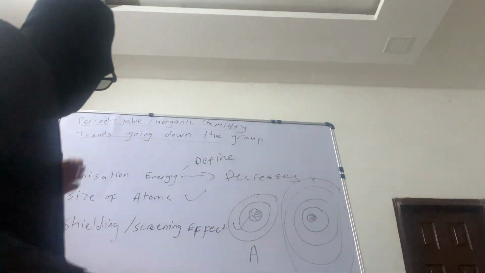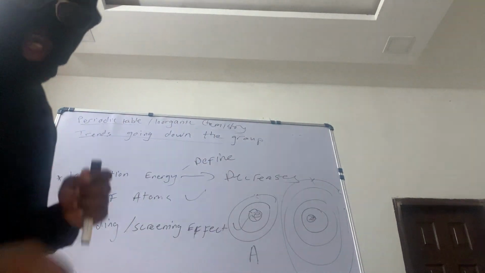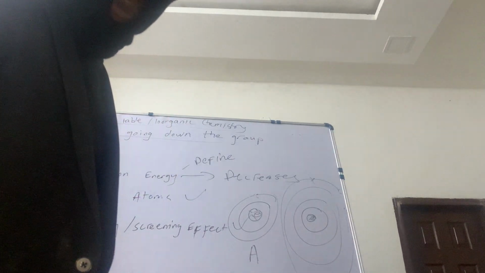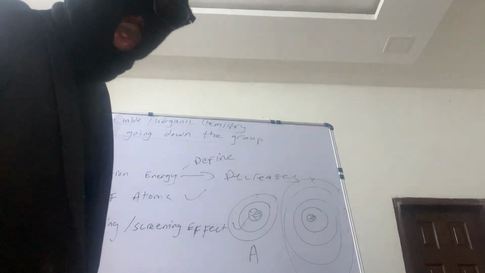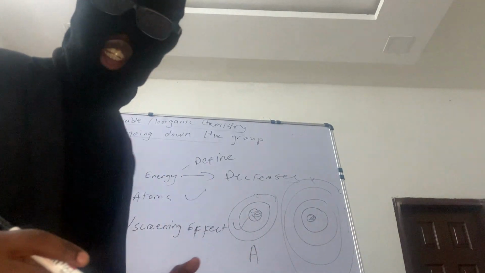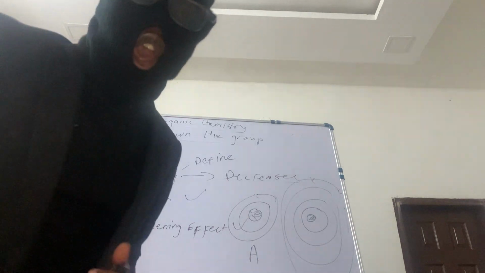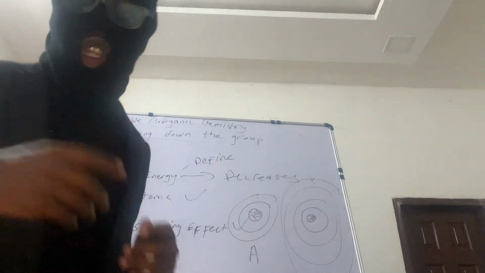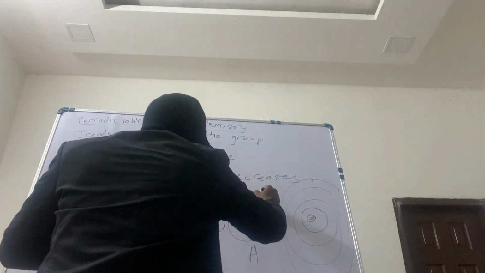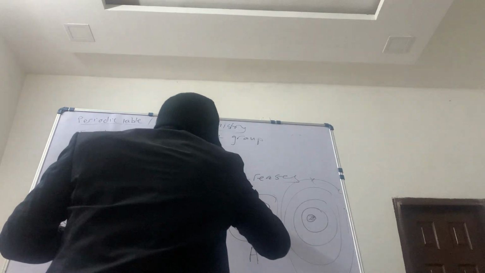Okay, moving forward, we are going to talk about the shielding effect. First, we are to define what the shielding effect is. Shielding effect is the repulsive force which inner shell electrons exert on the valence shell. Supposedly we've got electrons here, electrons here, electrons here.